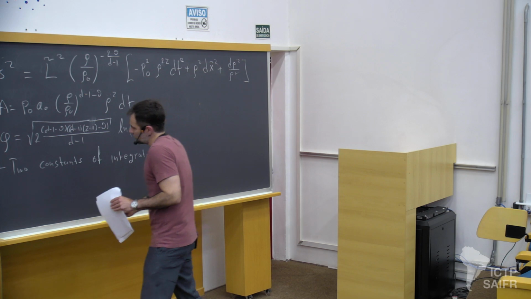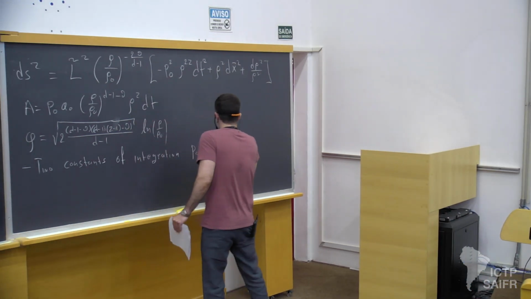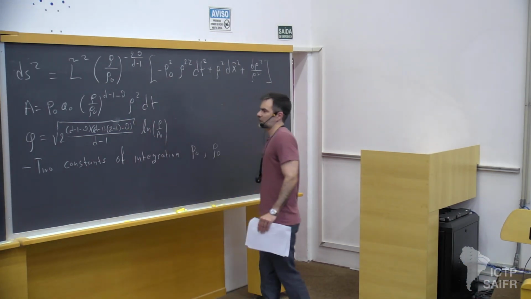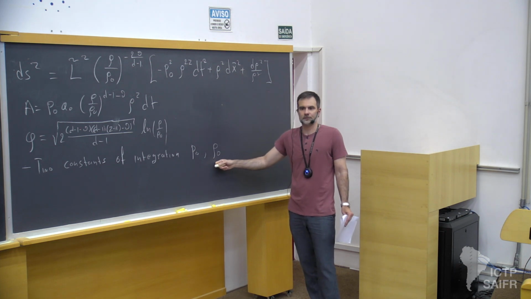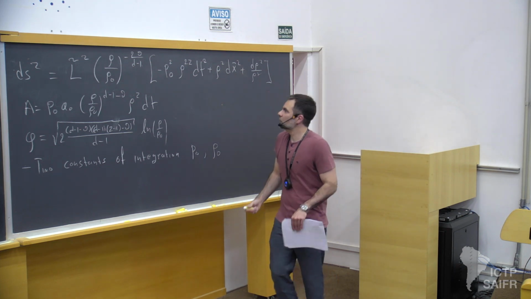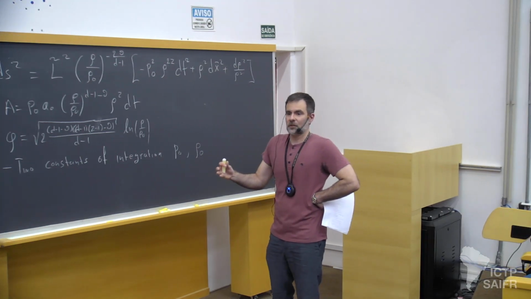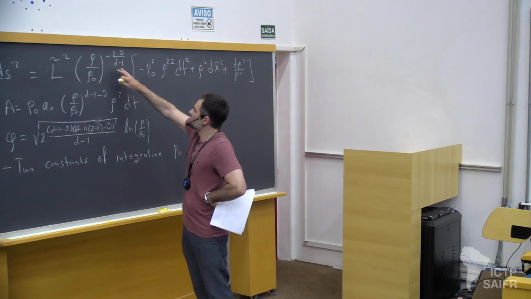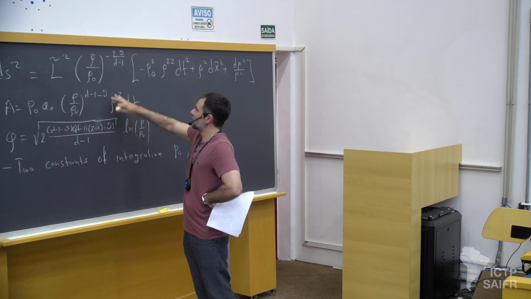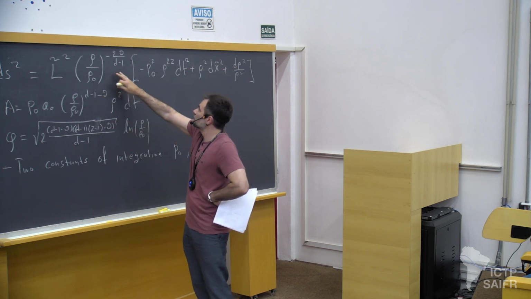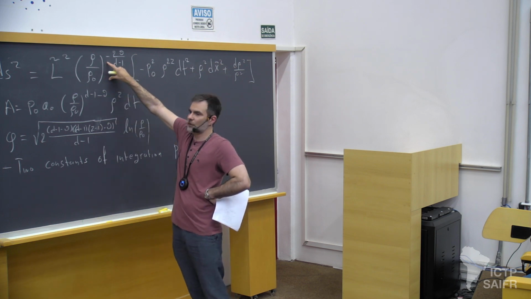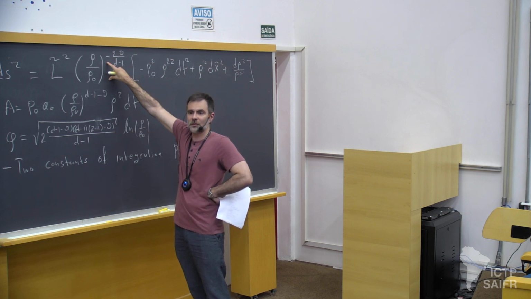The second constant of integration that I have discovered, which is not so innocent, is this constant rho naught. This rho naught is a scale that is set in this theory and which precisely violates any scaling symmetry that I can have in the metric. You see, this factor in front actually spoils the Lifshitz scaling symmetry.